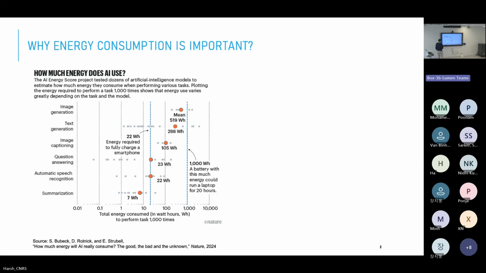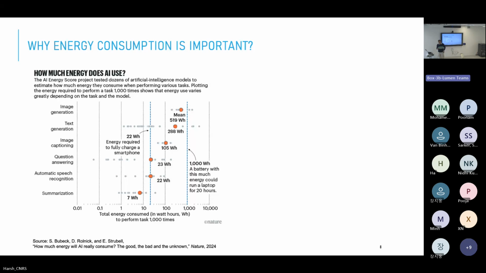For a summarization task performed 1,000 times, you spend 7 watt-hours. For a text generation, it is close to 288 watt-hours and so on. So it gets quite steep quite fast.